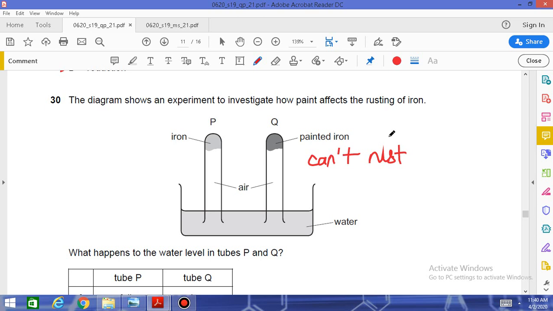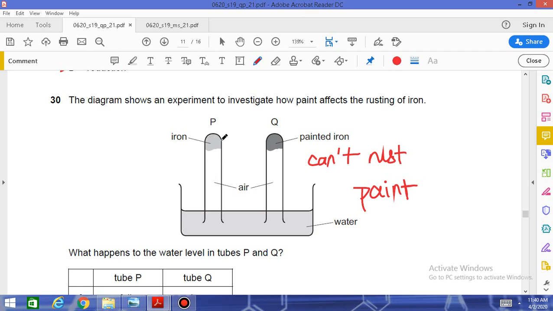So the paint avoids water and oxygen reacting with iron. So iron will not rust.